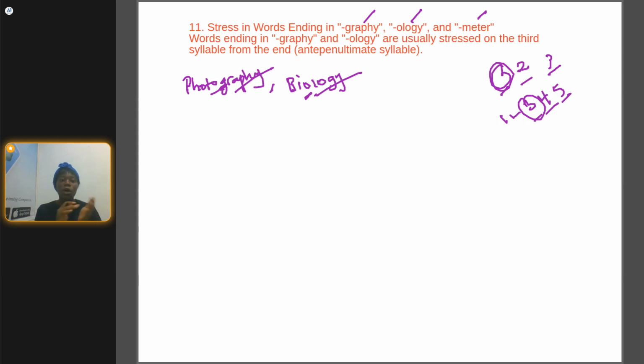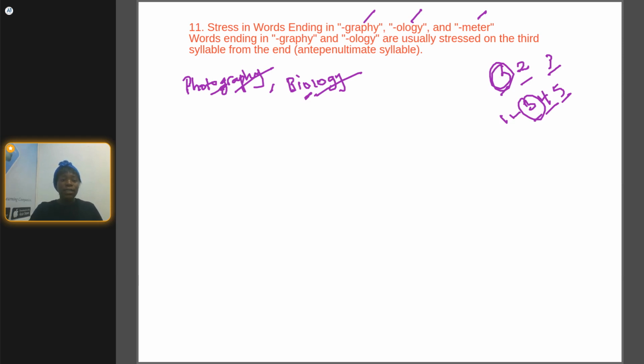If the word is a compound word and is a noun, then the first part of that compound word is the stressed part. Then rule number 10 talks about words ending in EER and ESE, where the stress is usually on the last syllable.